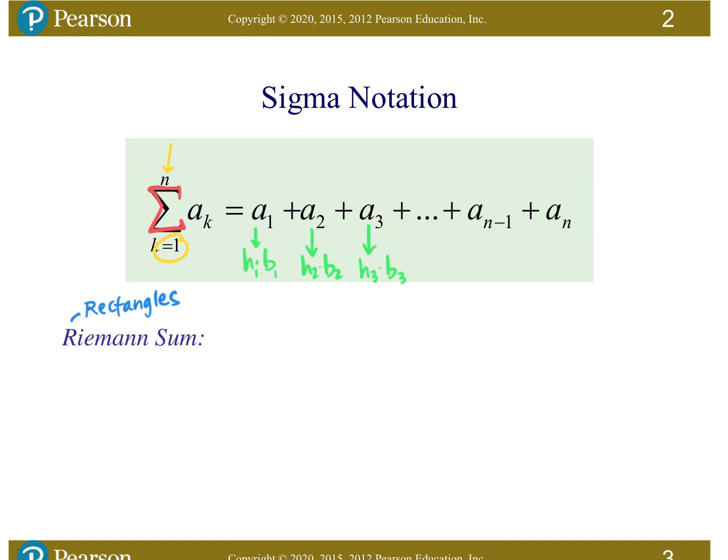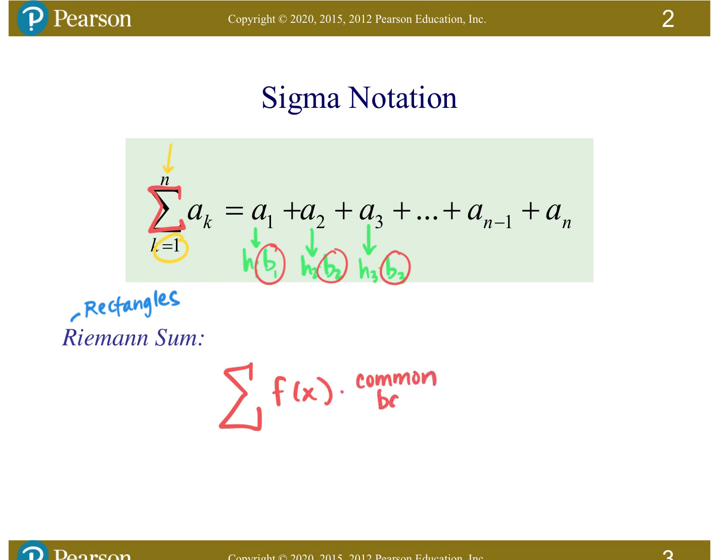Typically, all of the bases should be equal. It's the heights that will be different, okay? And so then what makes it more and more accurate, well, we'll see, is that we're going to be doing the summation of the heights, and the heights are following the f of x, and then times a common base.